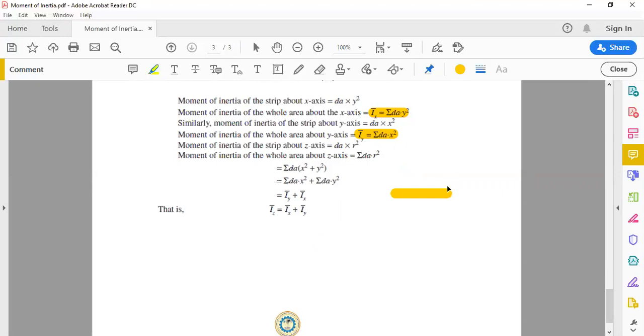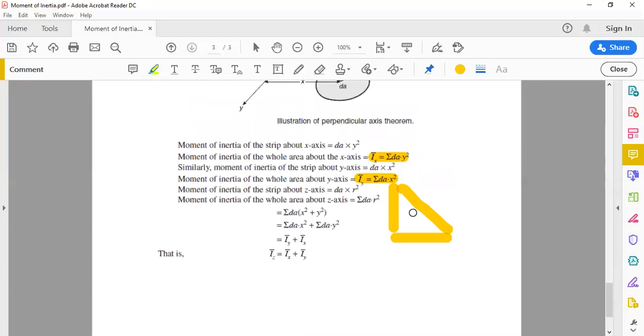In this right angle triangle, with respect to the diagram, this side is x, this is y, and the hypotenuse, which is the z-axis distance, is nothing but r.